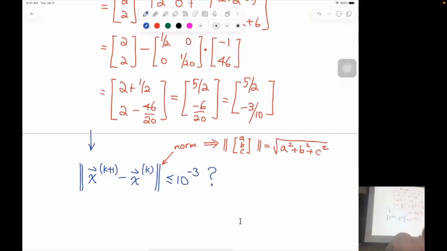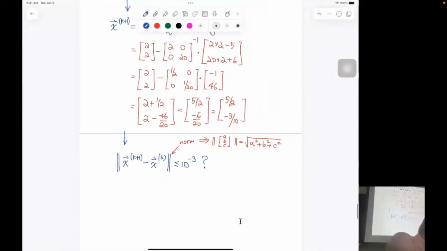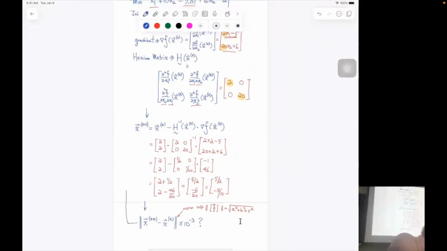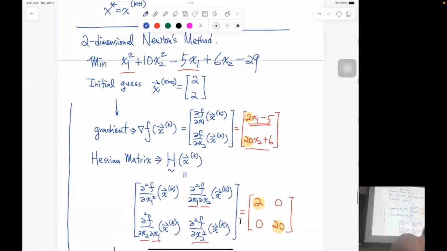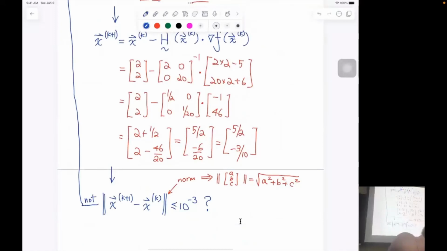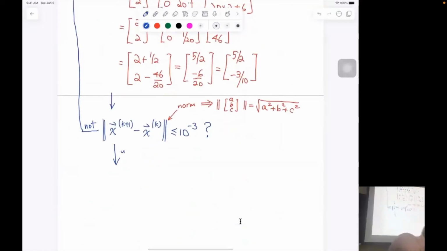So you want to check whether it's satisfied or not. If not, what do you do? Go back to here. And again, k equals k plus 1. So if not satisfied, how about yes?